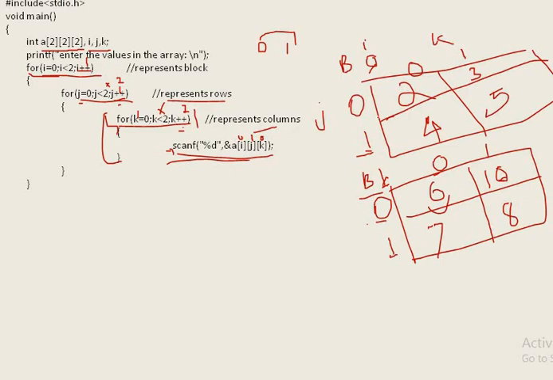So all the elements have been inserted here, and now while incrementing k, the condition will be false for the value 2 and it exits out of this loop. Again j will be incremented, j will become 2 and j will be checked with this value, that is 2 less than 2.